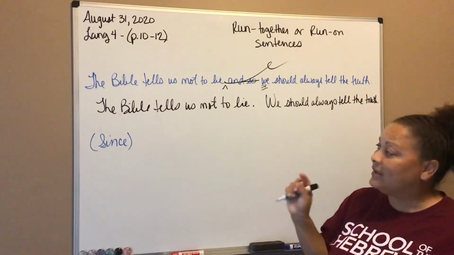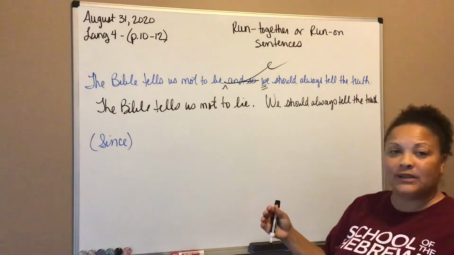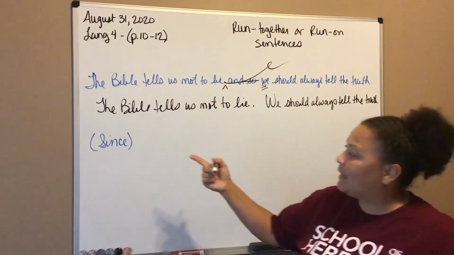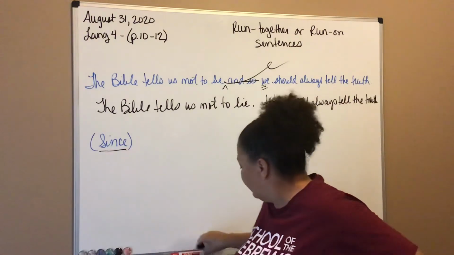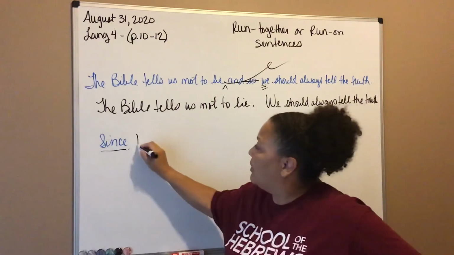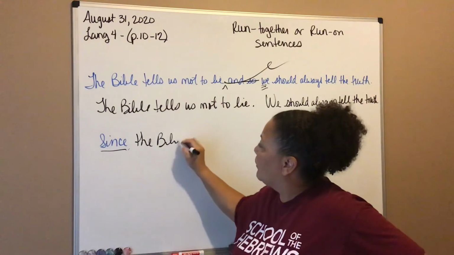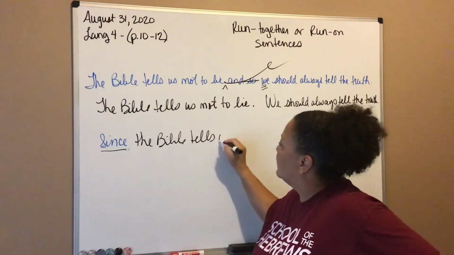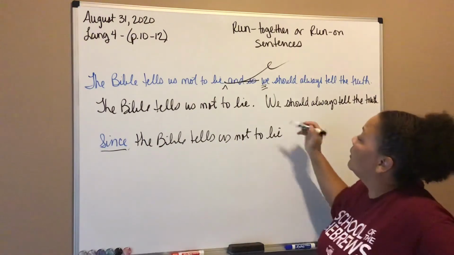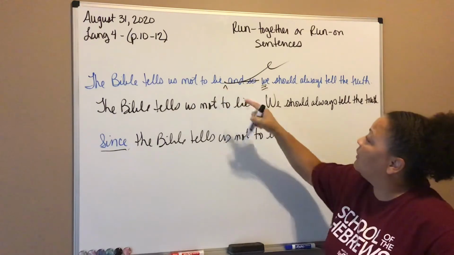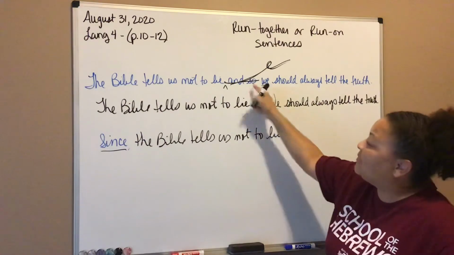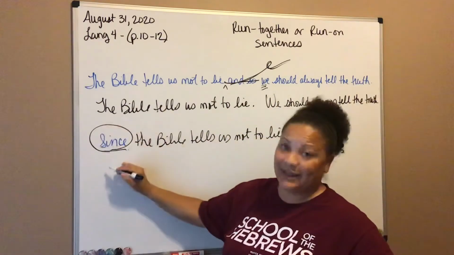So if you notice, sentence 1 says to start that sentence using the word since. So we'll say since, I'm going to take the parentheses off, since the Bible tells us not to lie, instead of putting this period here, we take the and so out still, but we put a comma in the place because we added the word since.